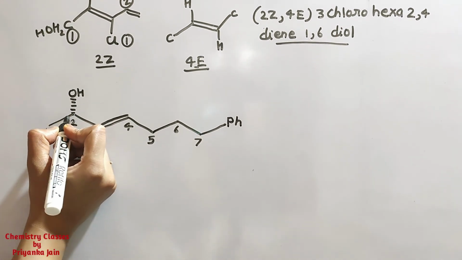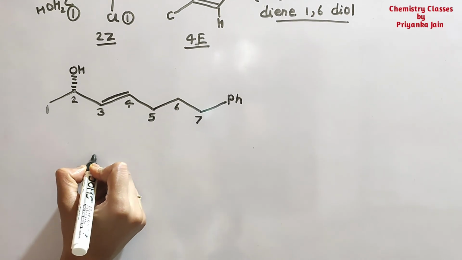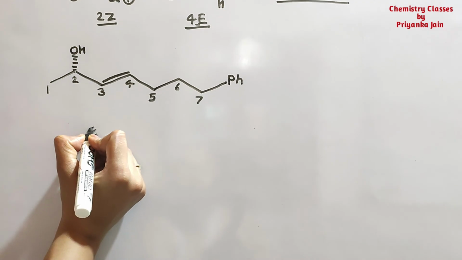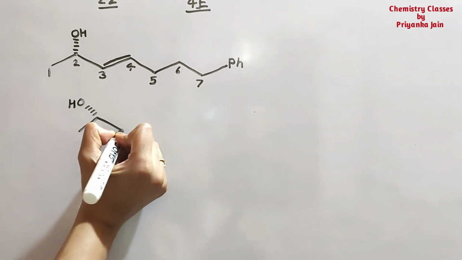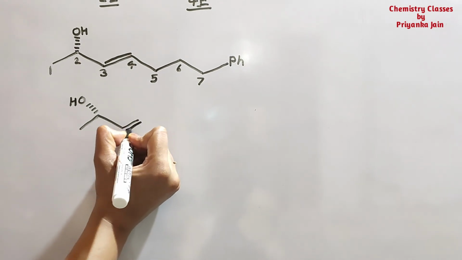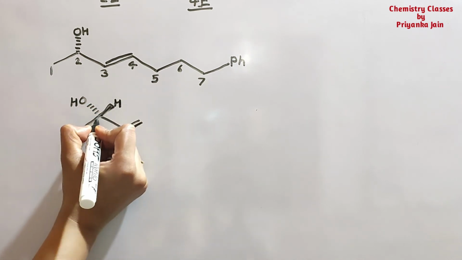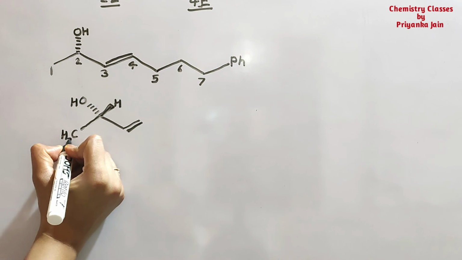This is the chiral atom, so here you will see R and S nomenclature. This is the carbon at which there is the OH group, and this is another group like this, and here will be the hydrogen in this manner. This is the CH3 group.